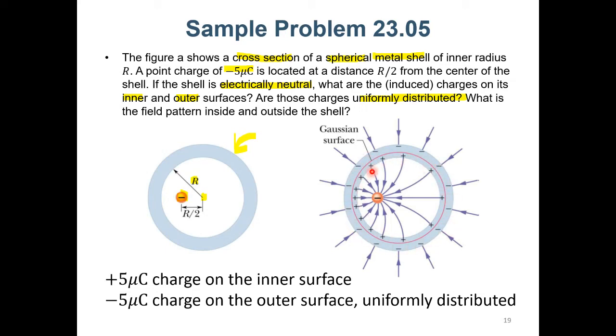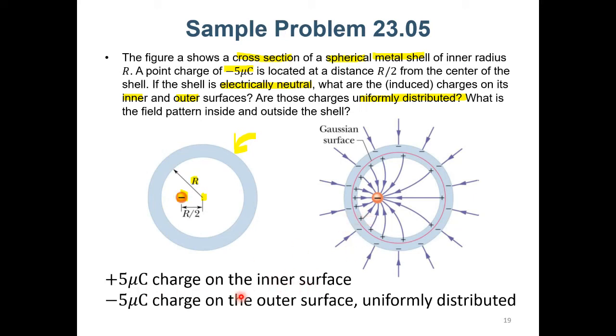And we have a negative charge, minus 5 μC, located here. So there should be an induced positive charge on the inner surface, which makes the total charge inside this Gaussian surface 0.